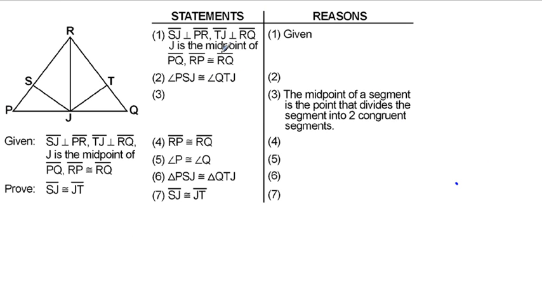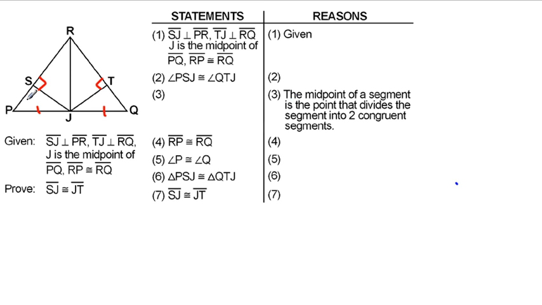Here we have, if you mark the givens, SJ is perpendicular to PR. Then we realize the right angle over there. So it's TS, and then RQ, and then another right angle right over there. And J is the midpoint of PQ, so that means we're looking at this line segment, which is congruent to that line segment.